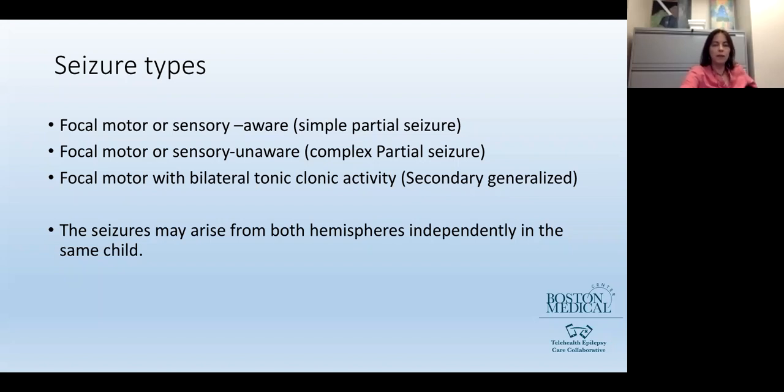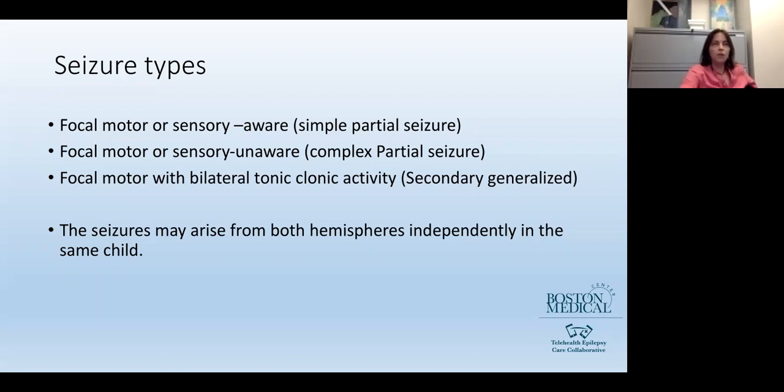And then we can have the secondary generalized tonic-clonic seizures, which might look like grand mal, what we used to call in the past, or just generalized shaking, but this actually starts as focal seizure with then bilateral tonic-clonic activity. This is the new name that is given to this syndrome.